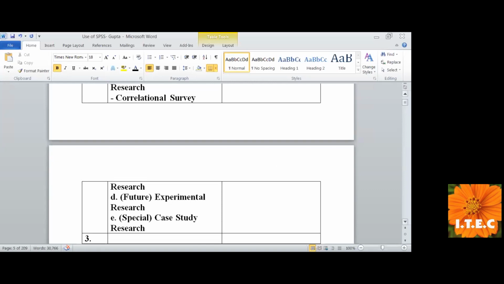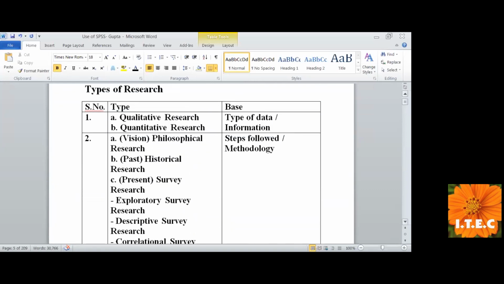So you can differentiate these on the basis of this: philosophical, historical, and descriptive survey and case study will not have formulation of hypothesis as a second step.